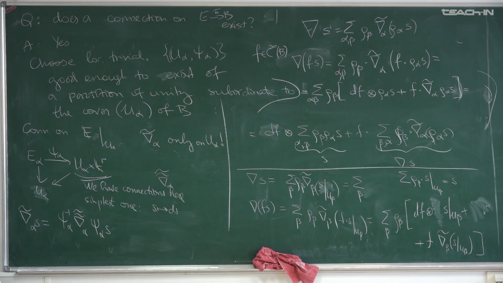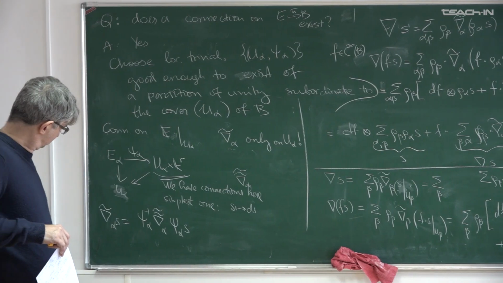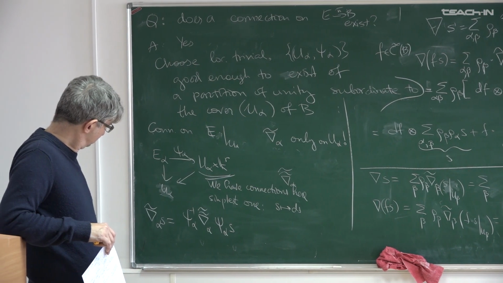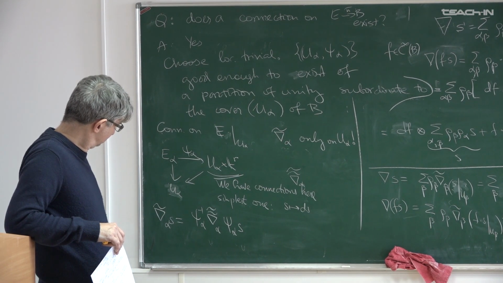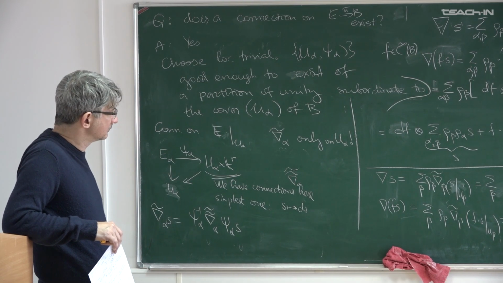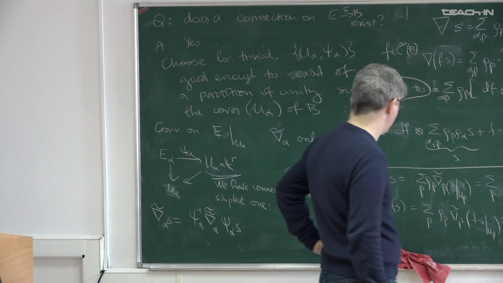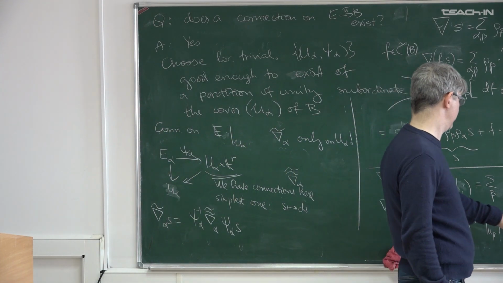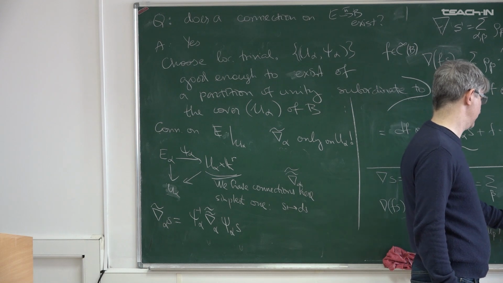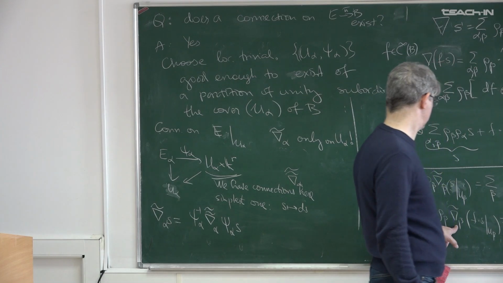Which point? Which are fixed? In fact, we don't even need to restrict s in the first place, because the sum of rho beta and nabla beta is already defined everywhere. Sorry? The sum of rho beta and nabla beta from the very beginning is already defined globally.